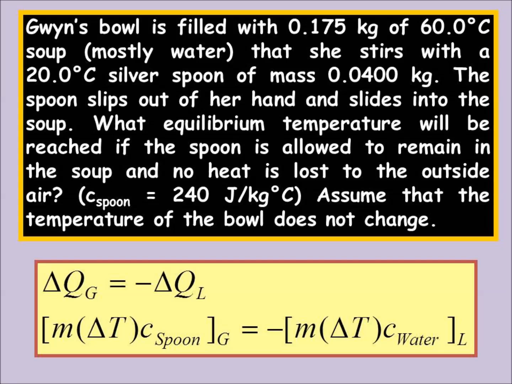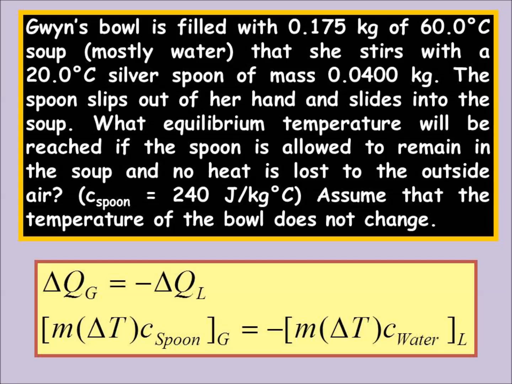What equilibrium temperature will be reached if the spoon is allowed to remain in the soup and no heat is lost to the outside air? There's the specific heat capacity of the spoon. You see that it's 240 joules per kilogram degree Celsius. Plug in to the equation below.